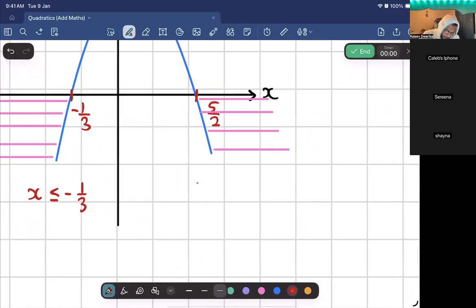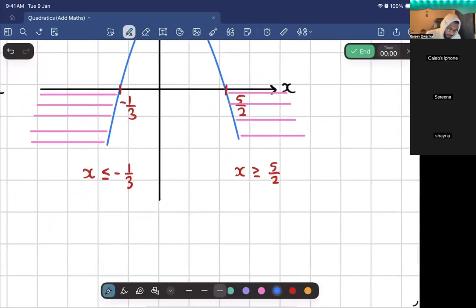And over here, x is going to be more than or equal to what? 5 over 2. So my answer is going to look like this. I'm going to say x is such that x is less than or equal to minus a third, union, which means or, right? x is more than or equal to 5 over 2.